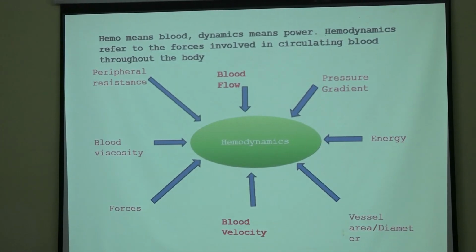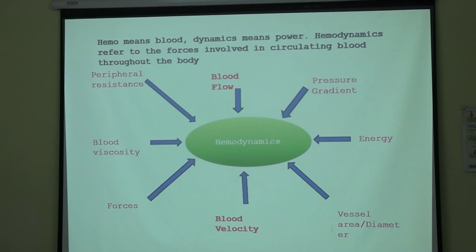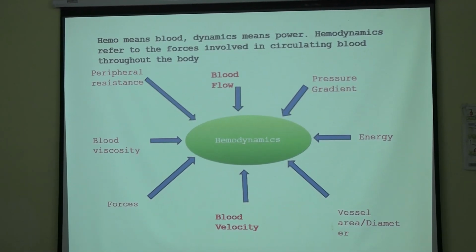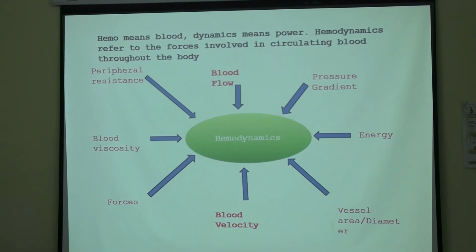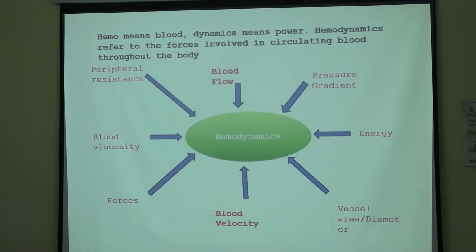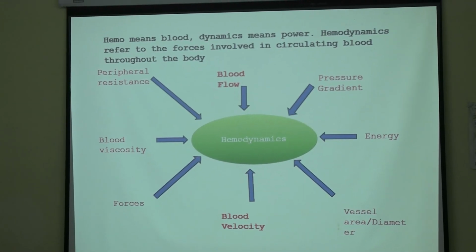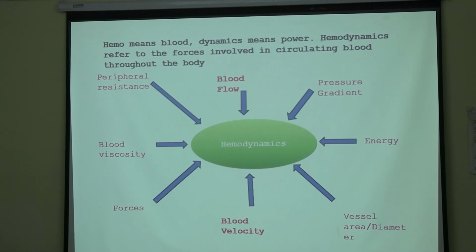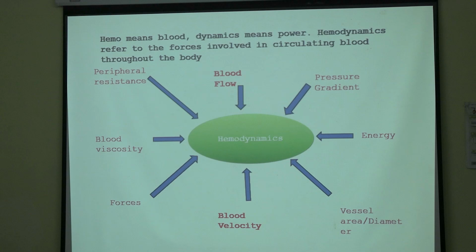And hemodynamics relates so many things: peripheral resistance, blood flow, pressure gradient, energy, vessel diameter, blood velocity, forces, and blood viscosity. So all are concerned with fluid dynamics, and that is hemodynamics.